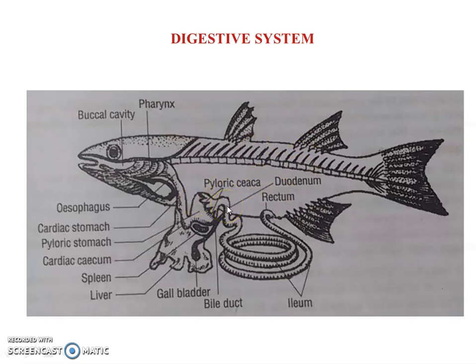Between the pyloric stomach and the duodenum, there is a muscular sphincter known as the pyloric sphincter, and this regulates the movement of food from the stomach to the intestine. Right. Now that is with respect to the duodenum.